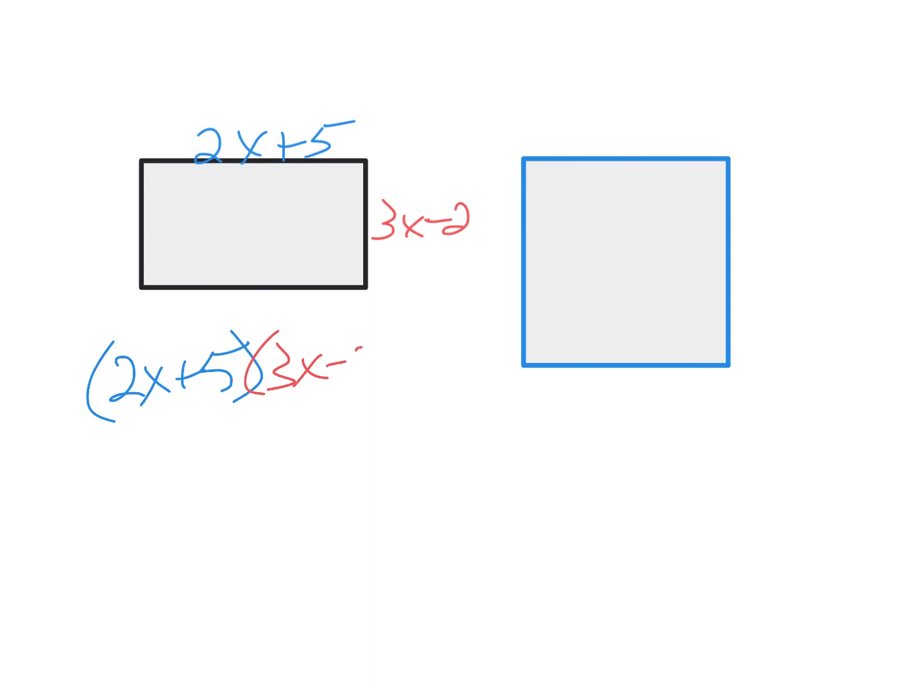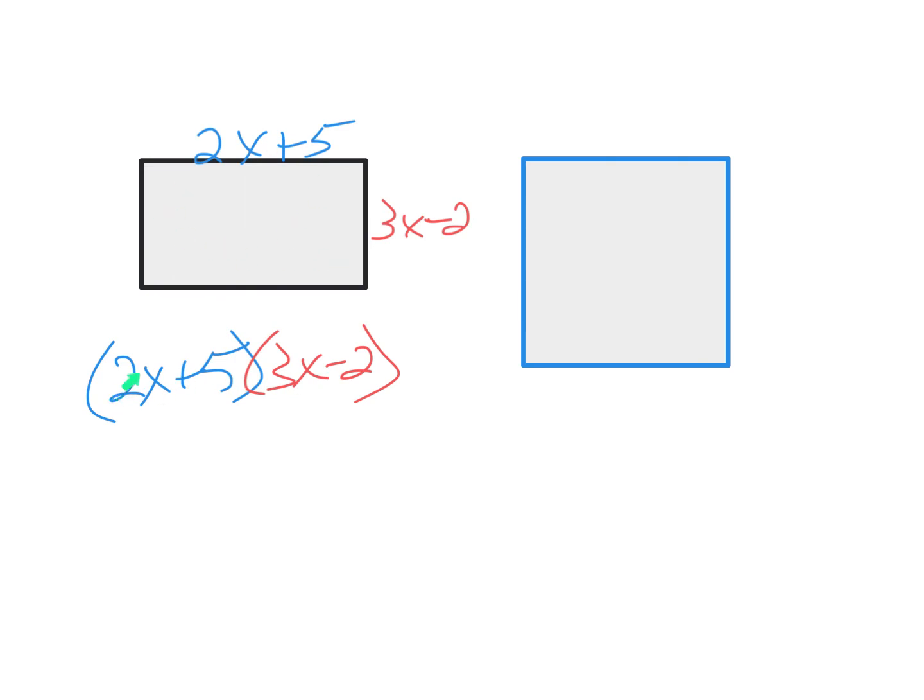If you're told that this measurement is 2x plus 5, and that the width is 3x minus 2, the area of this rectangle is simply 2x plus 5 times 3x minus 2. So this binomial times binomial represents the area of this rectangle.